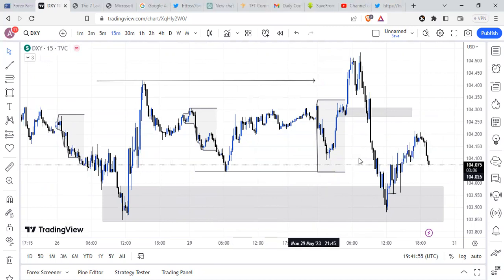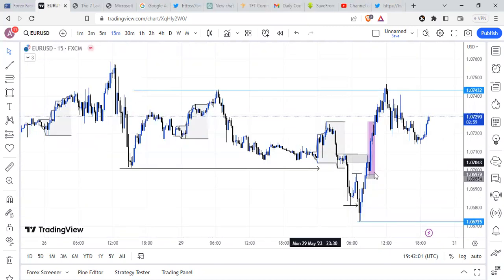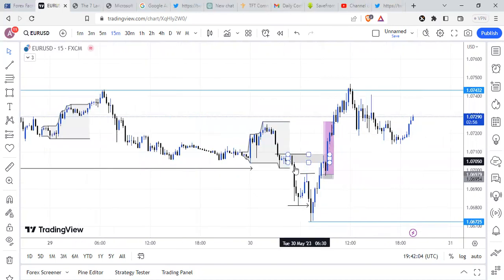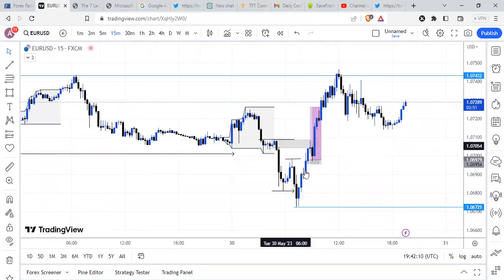Now, I wasn't really interested in selling at this zone on Euro USD anymore. So when I saw the equal lows, I was expecting that at least Euro USD should also come and take out this Asian high here, which is similar to the equal lows on DXY.